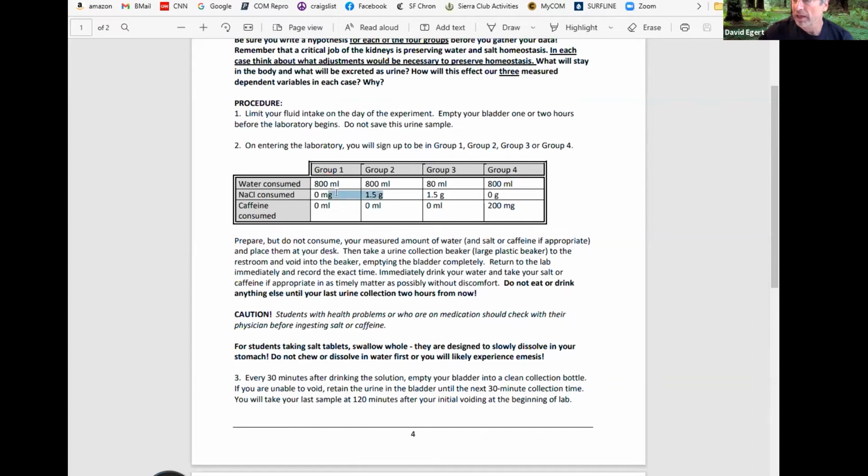So how would you expect group 1 and 2 to be different from each other in terms of what you're going to see? Group 2 will have more sodium chloride in the urine. Yeah, you're probably going to have more sodium chloride because they're going to have to release sodium chloride in order to maintain their electrolyte balance.